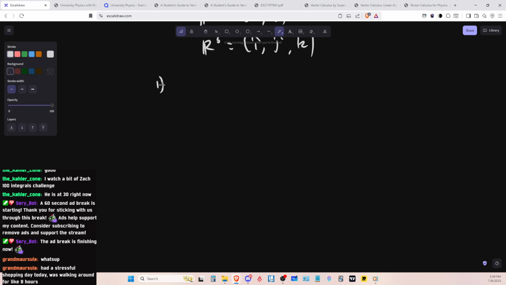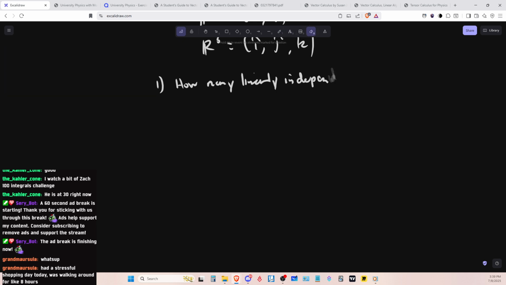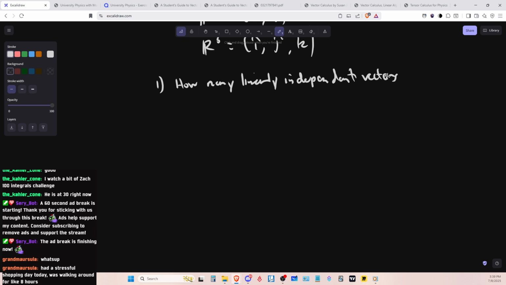So question 1 for this prompt: how many linearly independent vectors are needed to span R4?